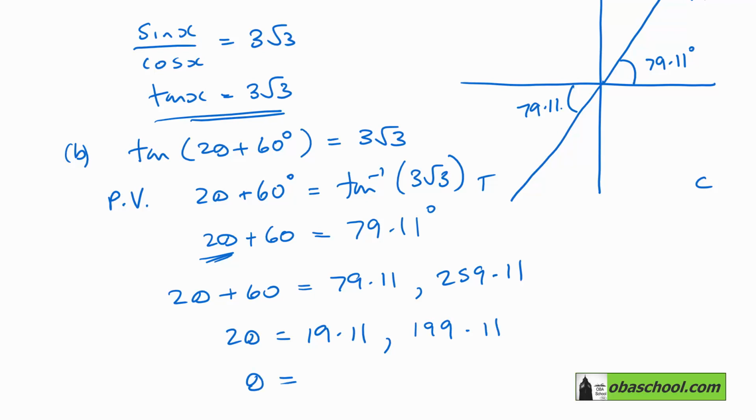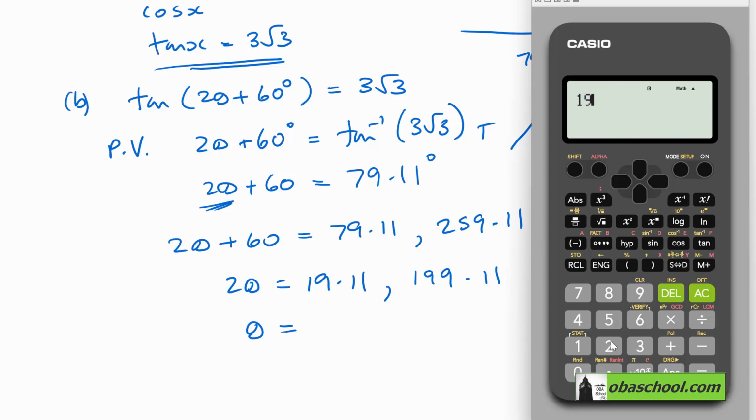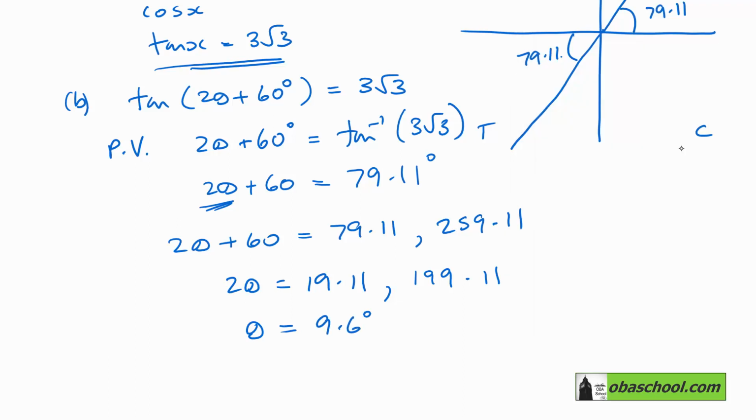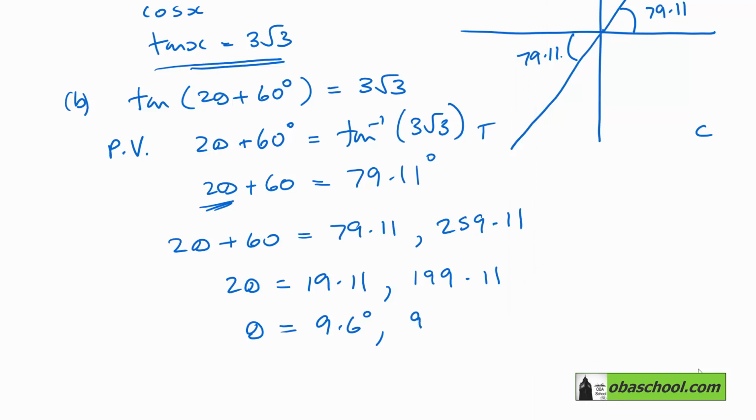And then if we divide by 2 and round appropriately, so we're going to have 19.11, divide that by 2, and to 1 decimal place, that is 9.6 degrees. And the other one, 199.11, divide that by 2, and that is 99.6 degrees.